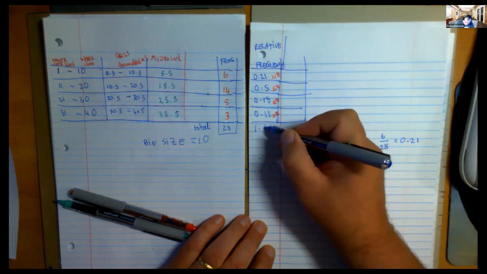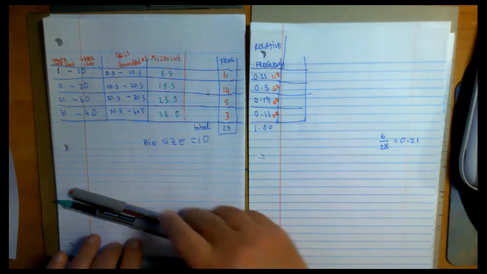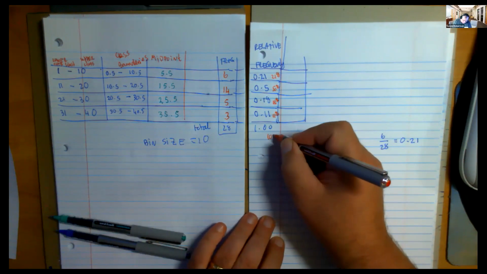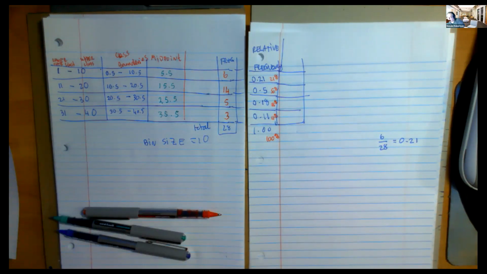And I get 1.00. Why is that a really good answer? Why am I happy that it added up to 1? Because it counts for the whole percentage, the whole set of data. Right. So if I did the percentages, shouldn't I get, I hope, 100%?